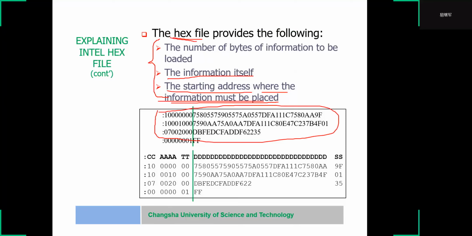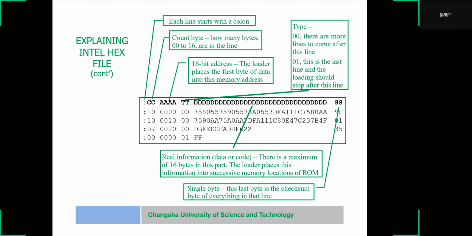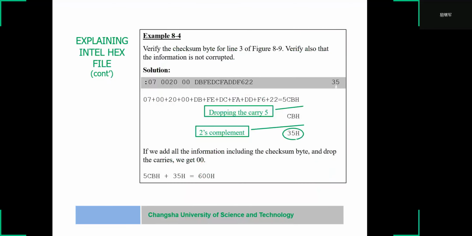You just need to know that if you want to execute the program, you need to compile the source code to the hex files. We don't need to remember this example.